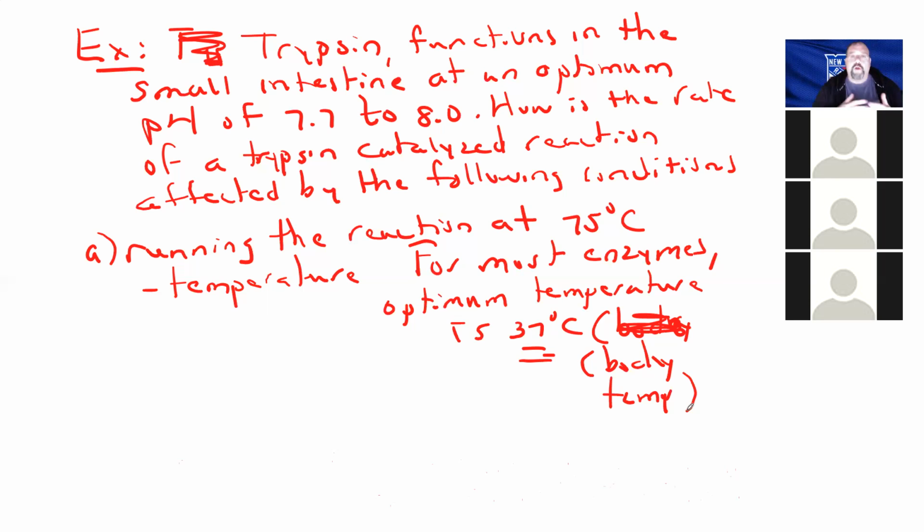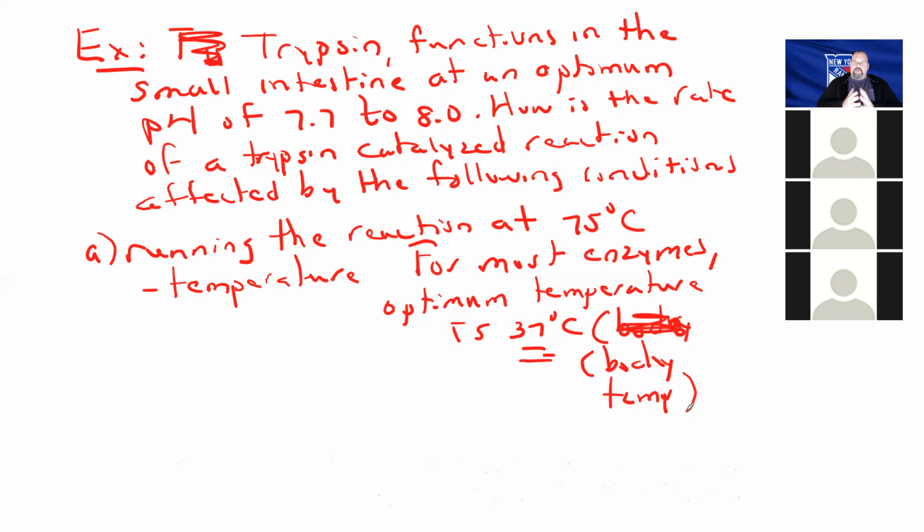Now, once you go past the optimum temperature, the enzyme activity is going to be less and less, because the three-dimensional shape of the enzyme starts to become distorted. Eventually, if you heat the enzyme too much, it becomes denatured.